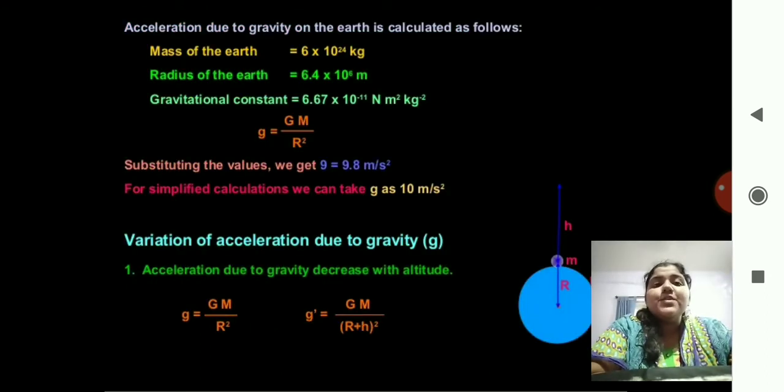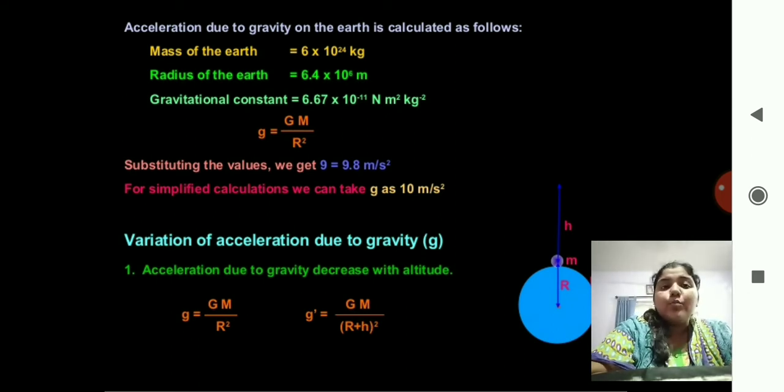Next, acceleration due to gravity on the earth is calculated as follows. The mass of the earth is 6 into 10 raised to 24 kg. The radius of the earth is 6.4 into 10 raised to 6 meter. The gravitational constant is 6.67 into 10 raised to minus 11 Newton meter square per kg square. And the formula we have calculated earlier, that is g is equal to capital G into capital M upon R square.